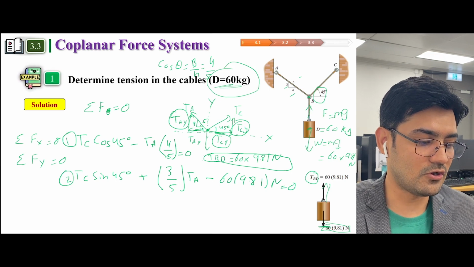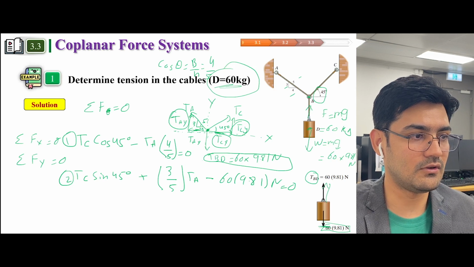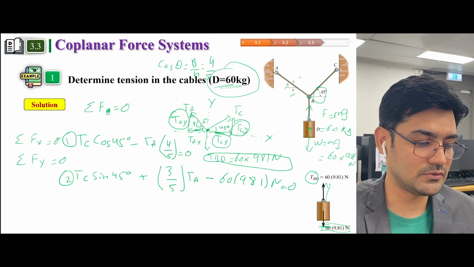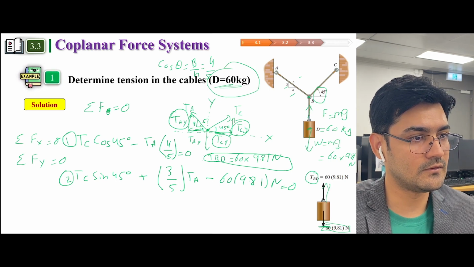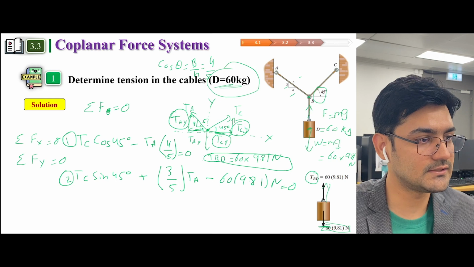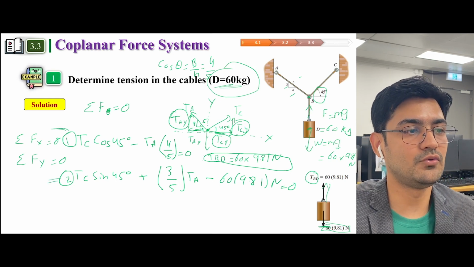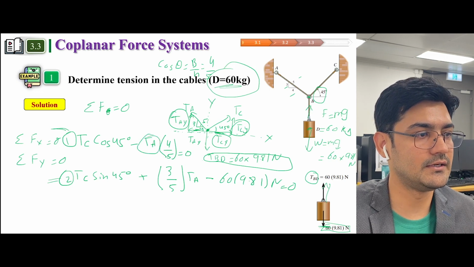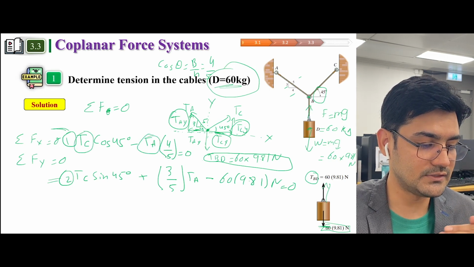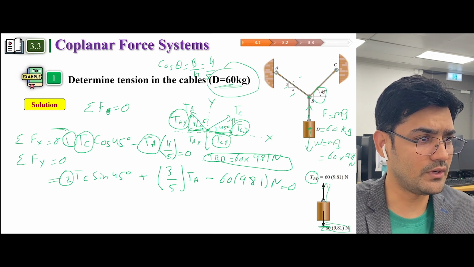Now if we solve this, we have to solve all this, right? So how to solve this? We can just put one thing. For example, if we're gonna solve this, because we have two equations and we have two unknowns, TA and TC, we can solve these two by simply using these two equations.